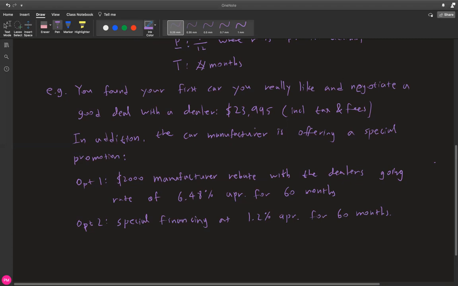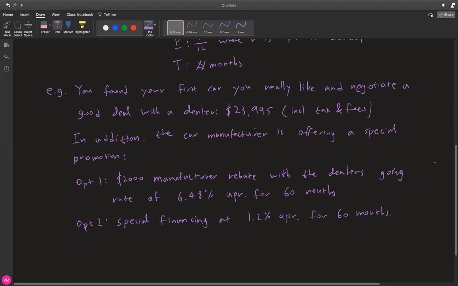So in this scenario, you are taking out a loan of $23,995 with two options. The first option is where the dealer offers you a $2,000 rebate after the purchase, and in return, you have to go with their finance department, and their current going rate is 6.48% APR for 60 months.